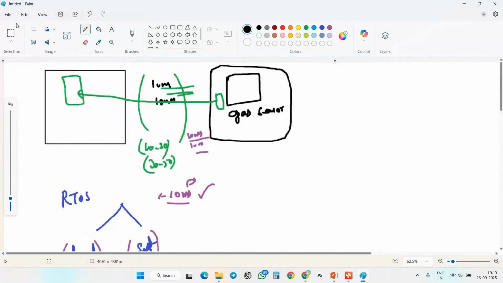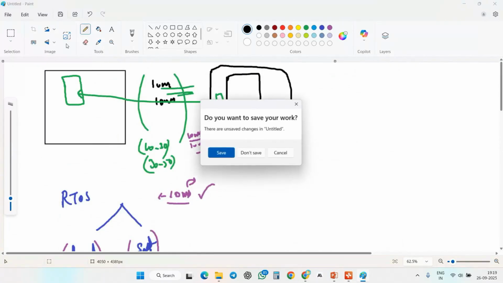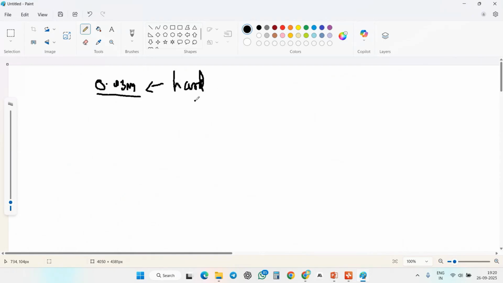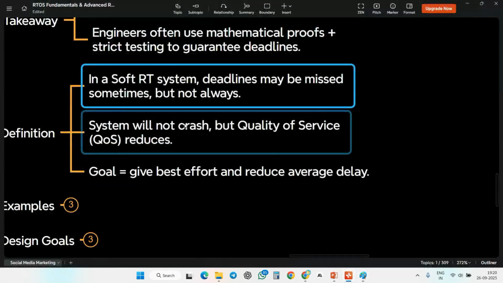As I already explained, 0.03 milliseconds means it should react at that time or below for hard real time. For soft real time, a small timing delay must not create a big disaster. That is the definition.